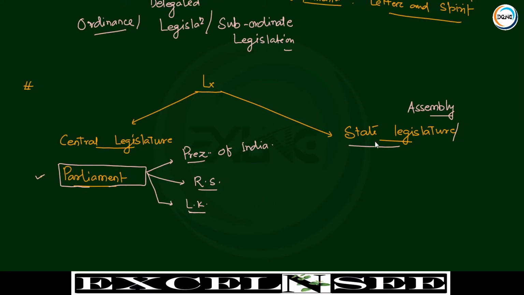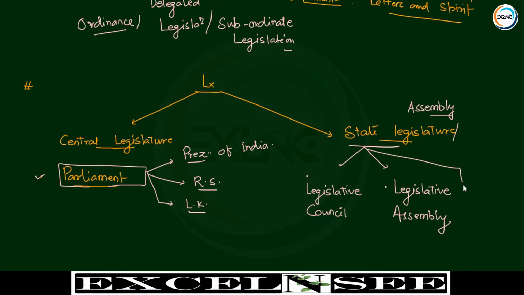Similarly, the state assembly or state legislature has two houses. Number one, there is the upper house, that is called Legislative Council, and the lower house, that is called Legislative Assembly.